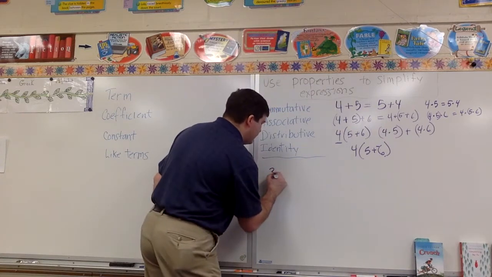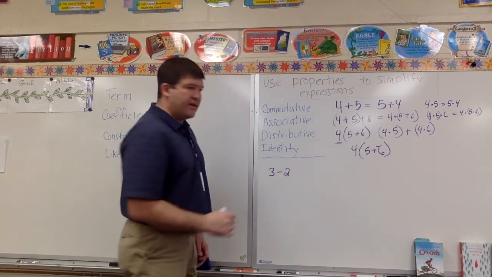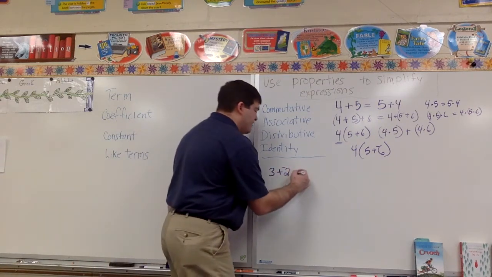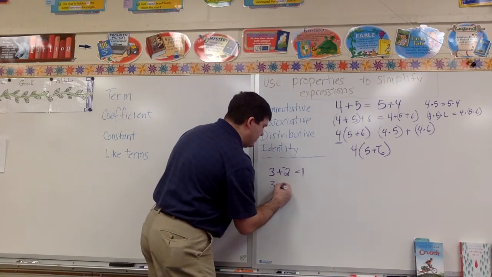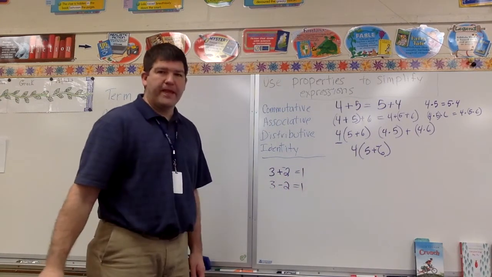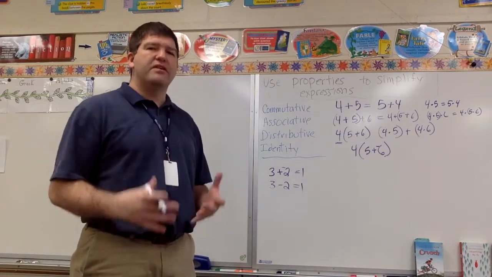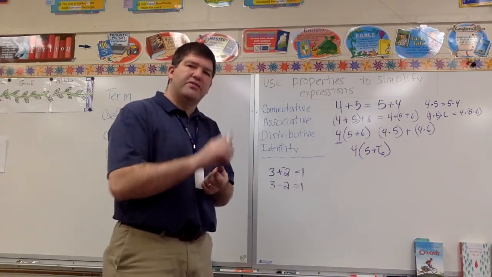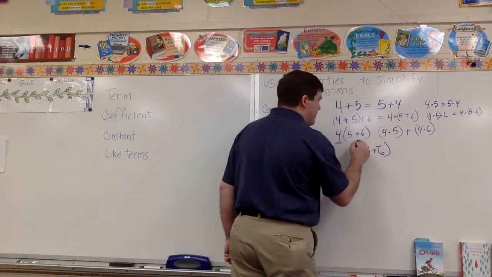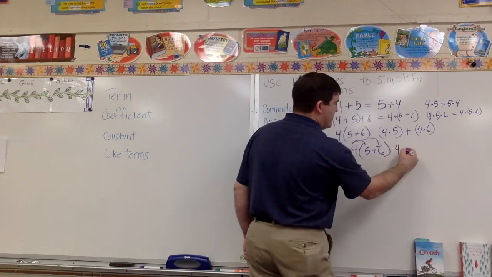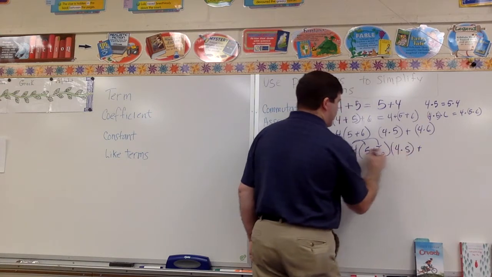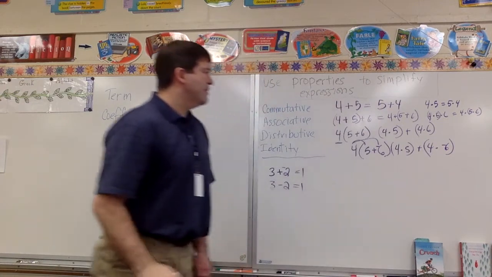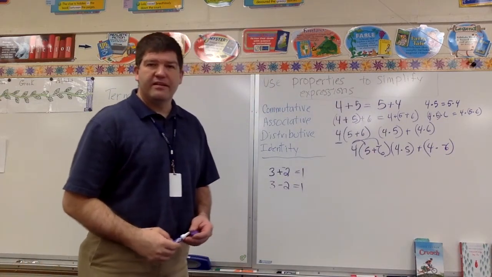So 3 minus 2 is 3 plus negative 2, which gets me 1, just like 3 minus 2 gets me 1. So if I always make everything into an addition problem, then I'm distributing, passing out that multiplication in the addition problem. So it'd be 4 times 5 plus 4 times negative 6. And then I would get the answer that way.